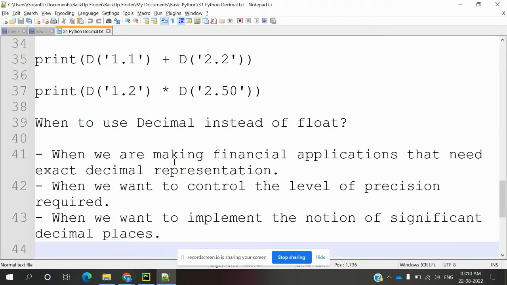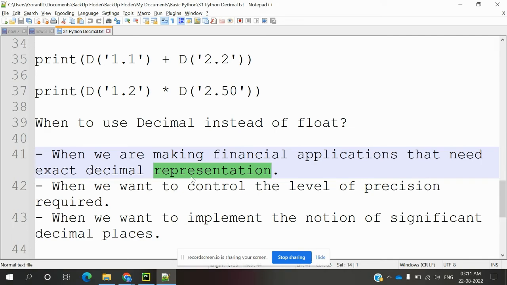And we have some rules for when to use decimal instead of float. When we are making a financial application that needs exact decimal representation, at that moment we can use the decimal format.